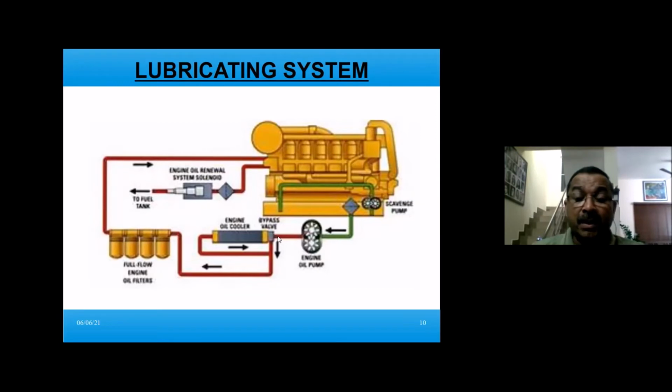So your lubricating oil will be pushed through a radiator system, and it will come this way and go into the engine. So together with the lubricating oil system, a lubricating oil cooler also will be there. Okay, so we formed two systems. One is the cooling system, the other one the lubricating oil system.